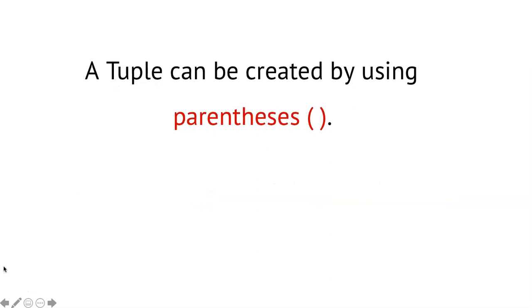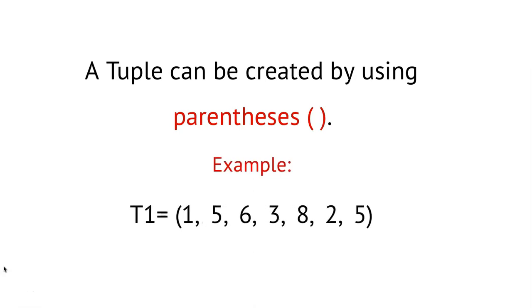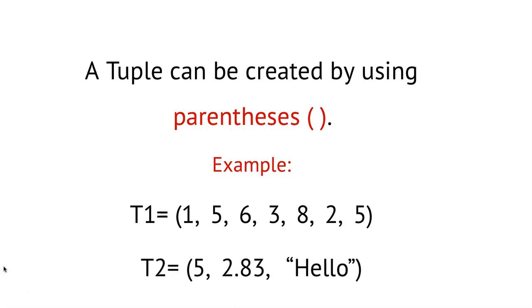Mixed type means the tuple can have a mix of integer, float, or string. A tuple can be created by using parentheses. For example, here tuple T1 has values inside the parentheses and each element is separated by a comma. Take another example, T2.